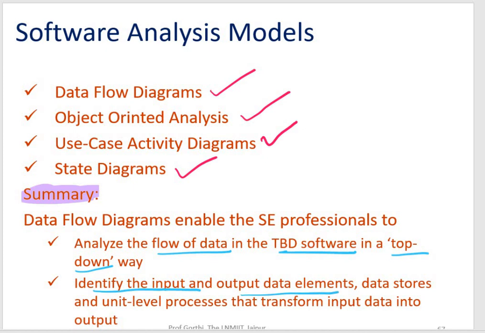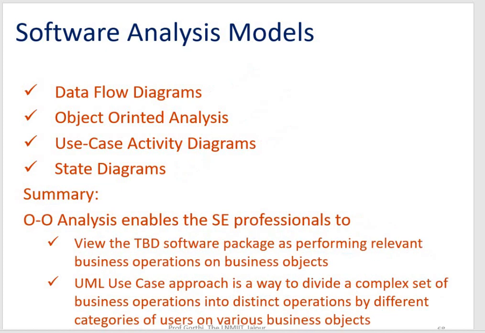So this was all about your UML state diagrams. By this time we have talked about data flow diagrams, object oriented diagrams, use case activity diagrams, and state diagrams. Now let's summarize everything which we have studied.